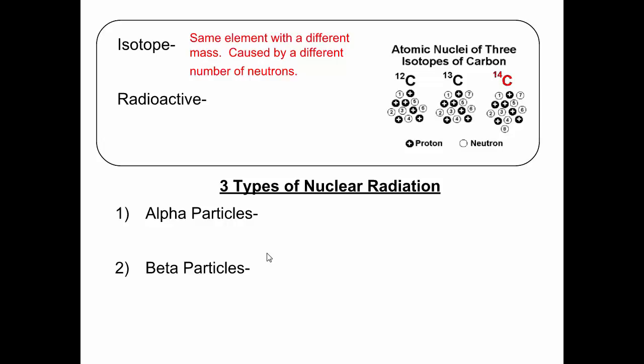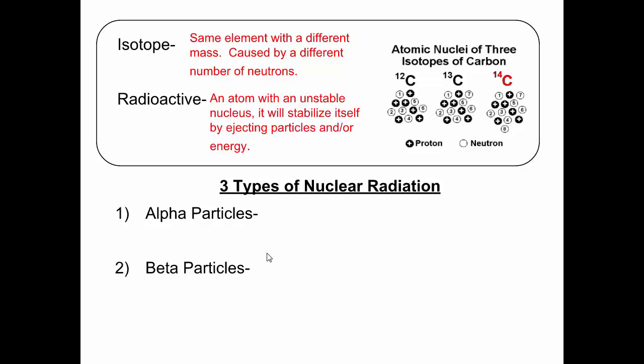So when we say that an atom or an element is radioactive, what we mean is that its nucleus is unstable, and at some point it may become stable by emitting, ejecting certain particles or energy. And when we say something has decayed, that's what we mean. It's given off some particle, some energy to become a stable isotope.